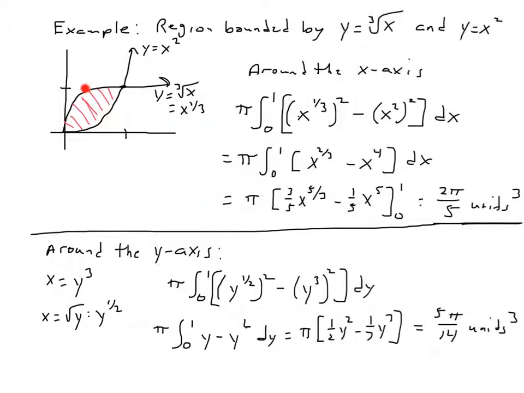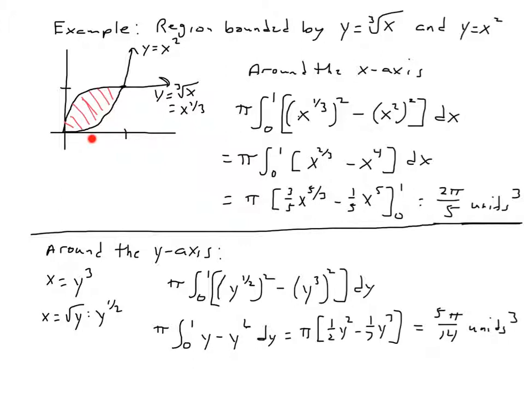When I try to determine my outside radius and my inside radius, it is with respect to the axis of rotation. So when I'm rotating around the x-axis, the boundary of the region that's furthest away from the x-axis is going to represent my outside radius. In this case, that would be the cube root of x.